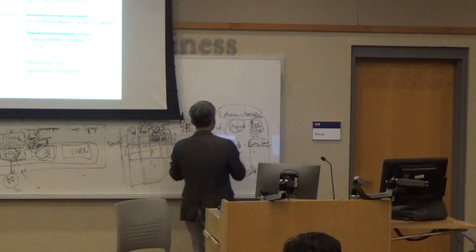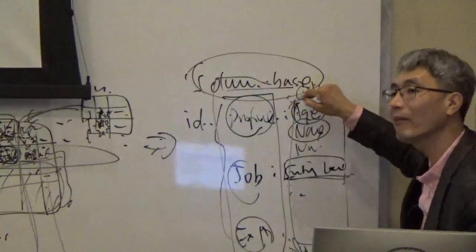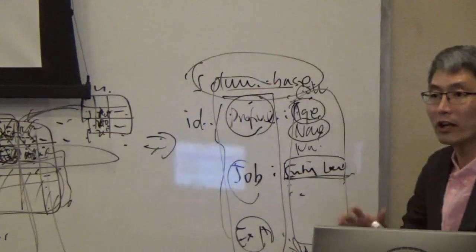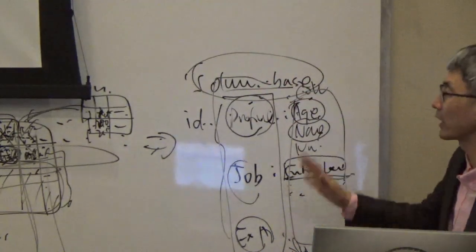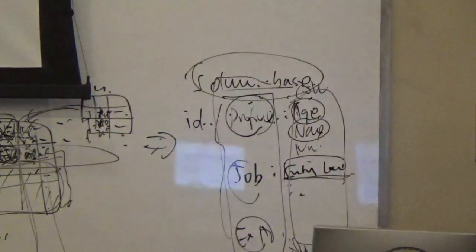But instead, we are going to specify only the column family, the type of column. So it's called schemaless. There is no fixed schema of the data, unlike the relational database. The column-based database is more flexible.